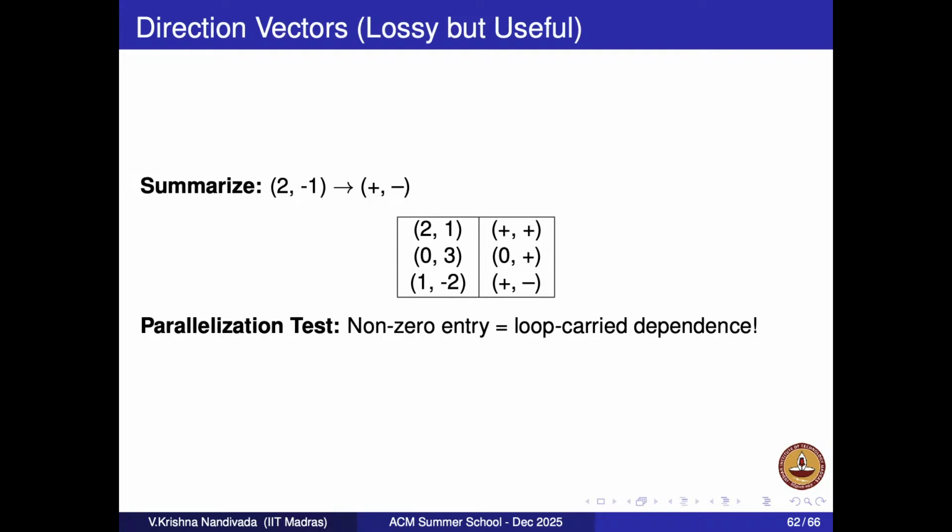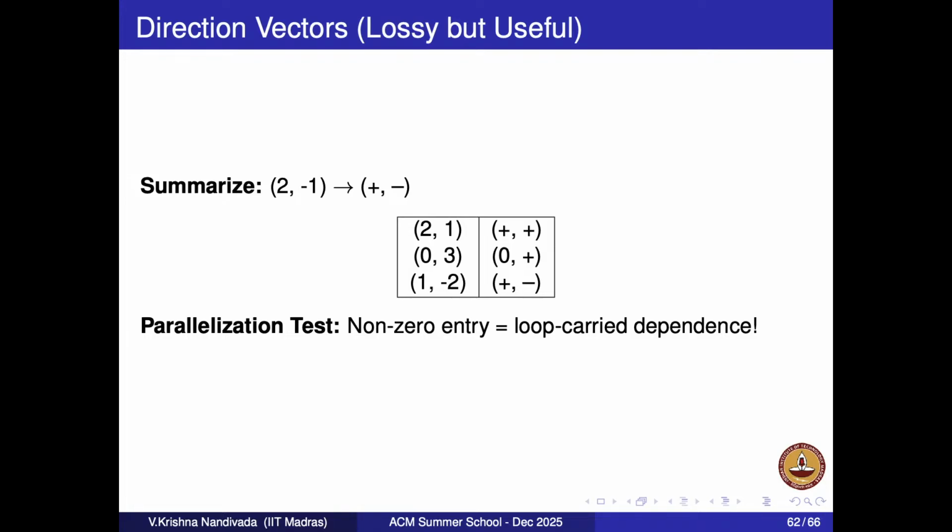I'll forget how far it is, but I'll just keep more or less the direction, right? 0 comma 3, sometimes it's written as 0, sometimes it's written as plus minus. Okay. And 1 comma minus 2 as plus and minus.